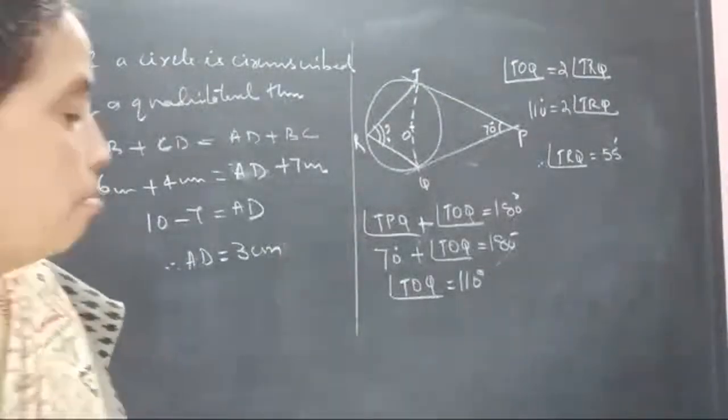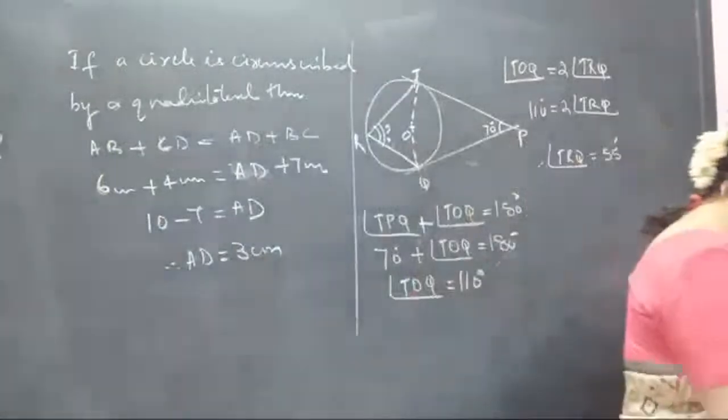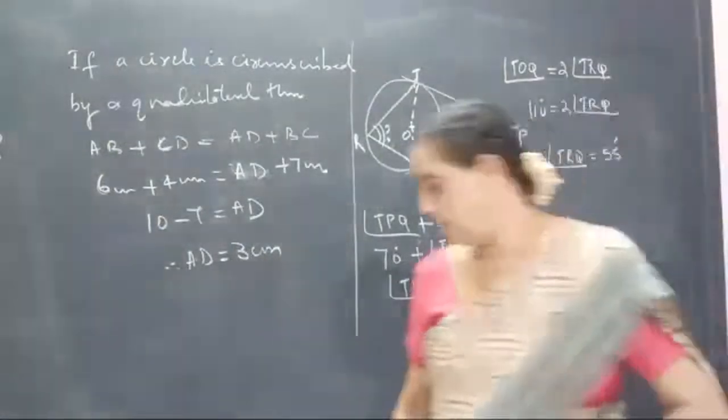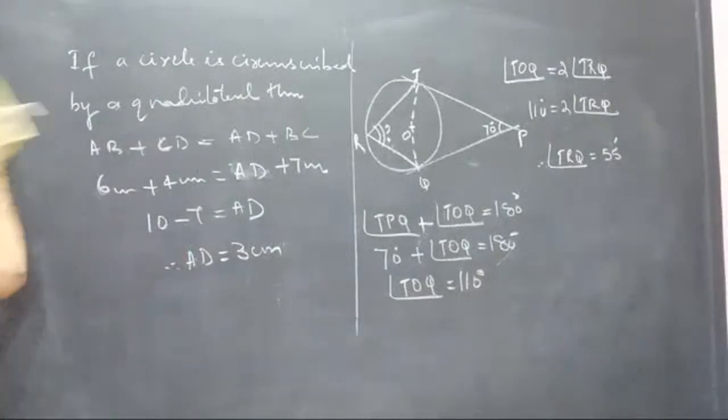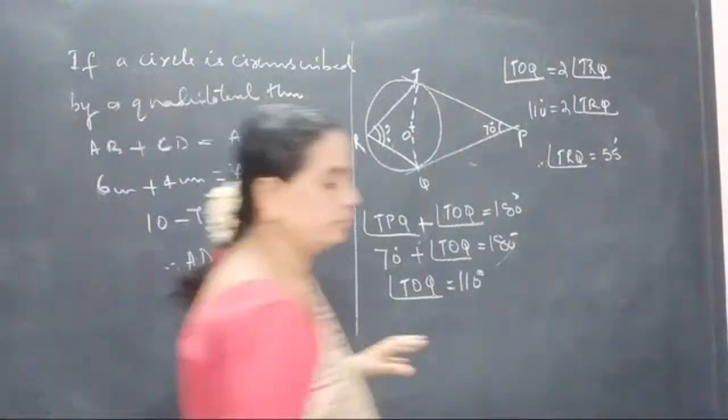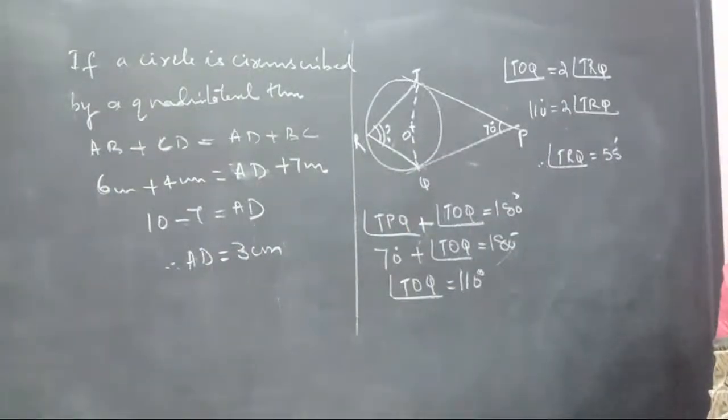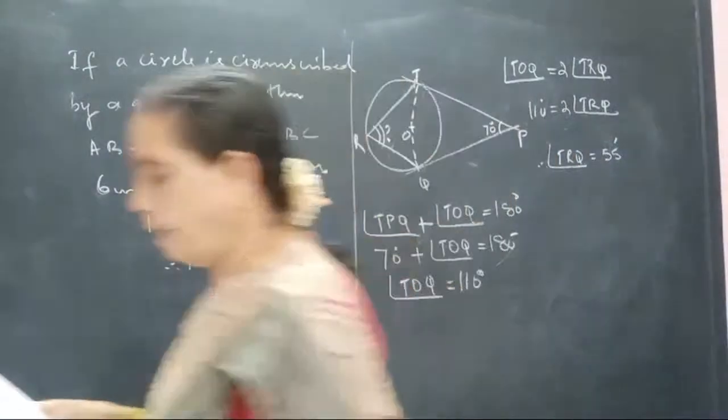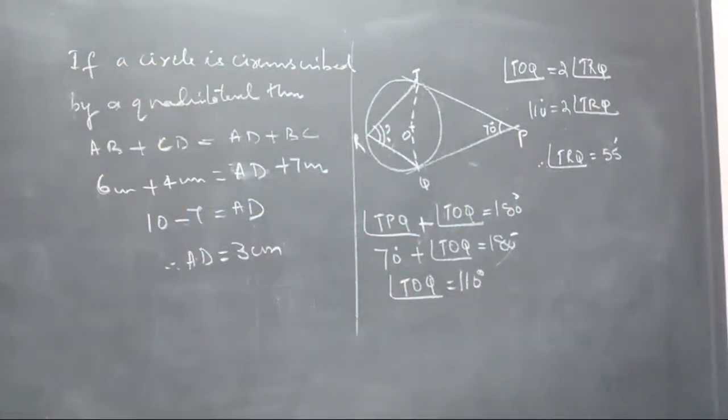Now take the question number 11 figure. Question number 11. It is given, perimeter of the triangle ABC is 14 centimeter. Find AC.